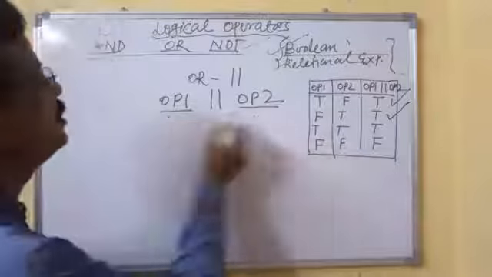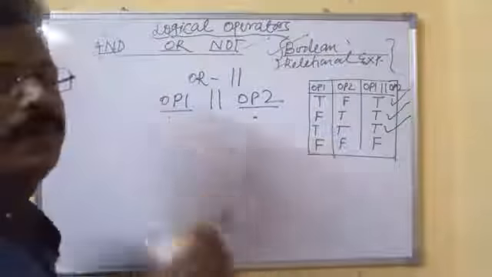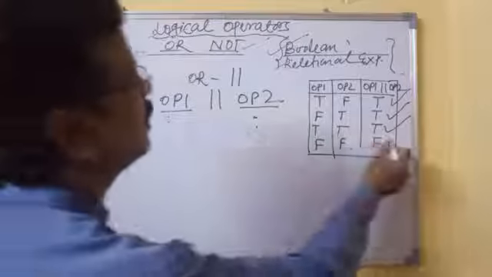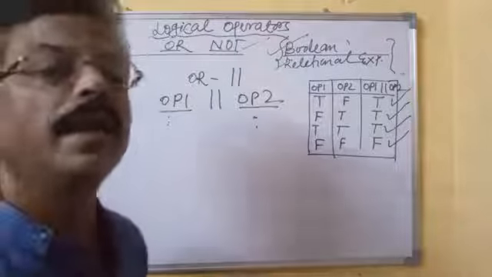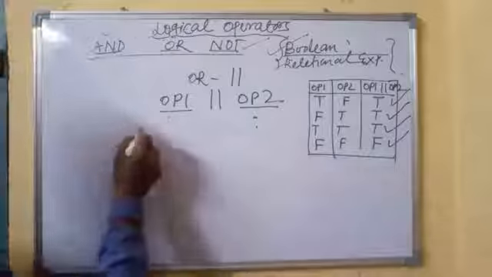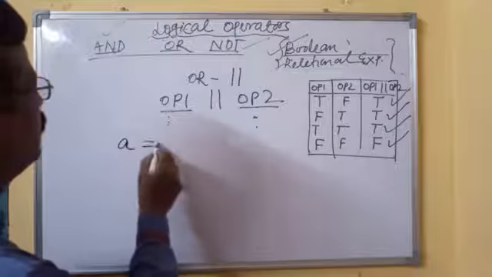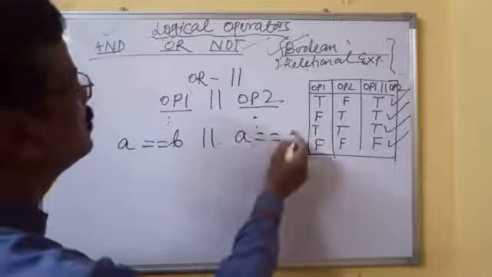If both are true, then also the answer is true. Only when this one is false and this one is false, both are false, then the answer is false. So according to the table it evaluates it. For example, see how to write this expression: A equals to B or A equals to C.